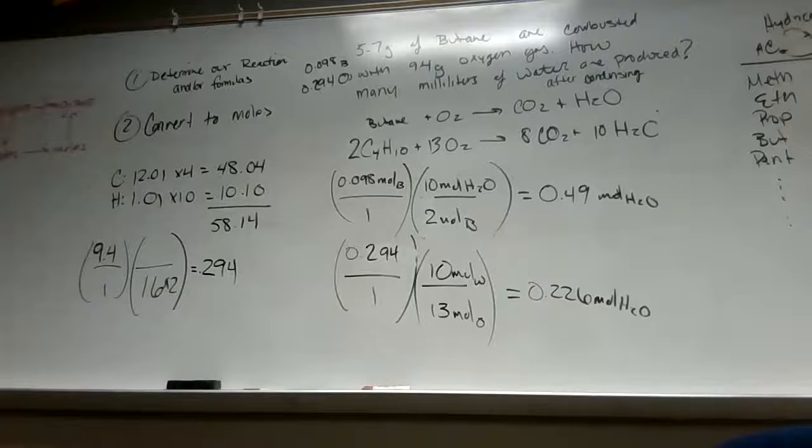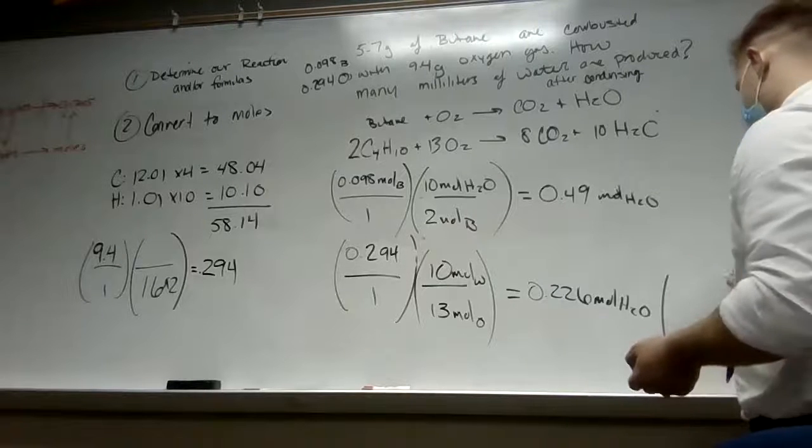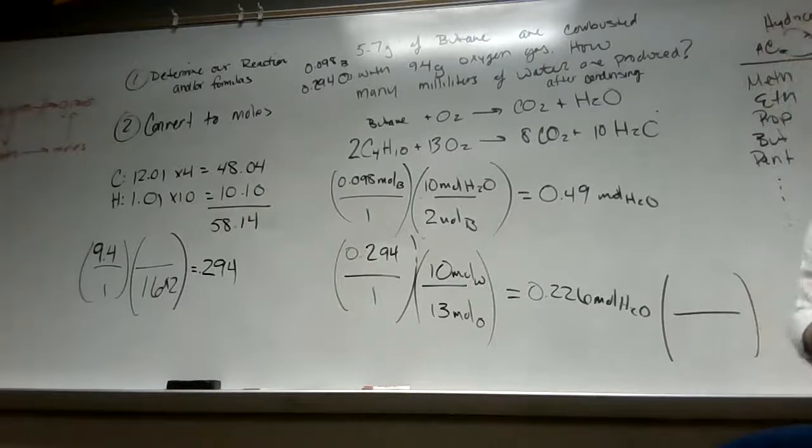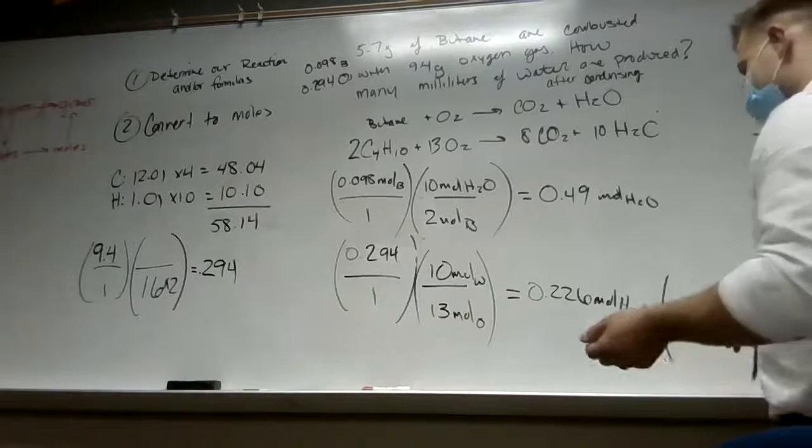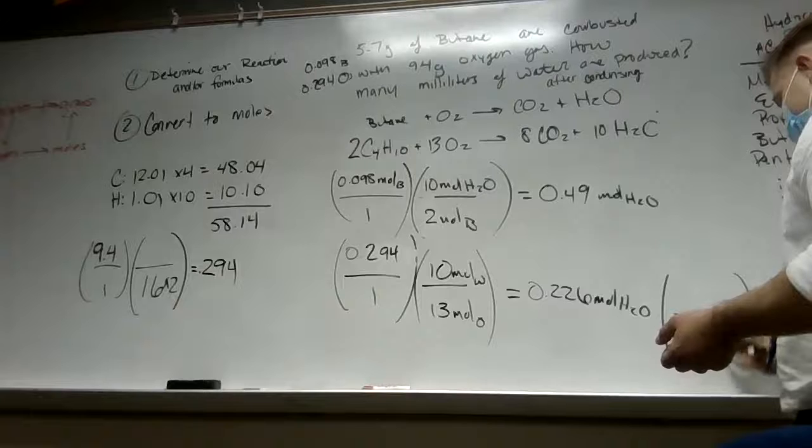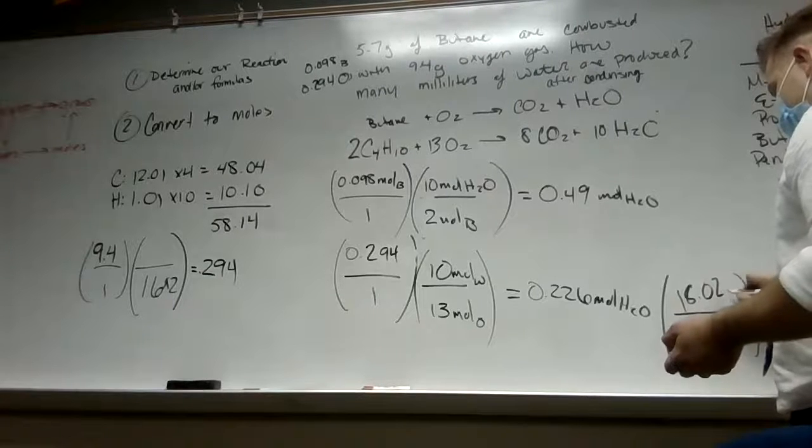So we have 0.226 moles of water. How are we going to convert that to grams of water? Molar mass. And this time we're going to use water. So 18.02 grams.